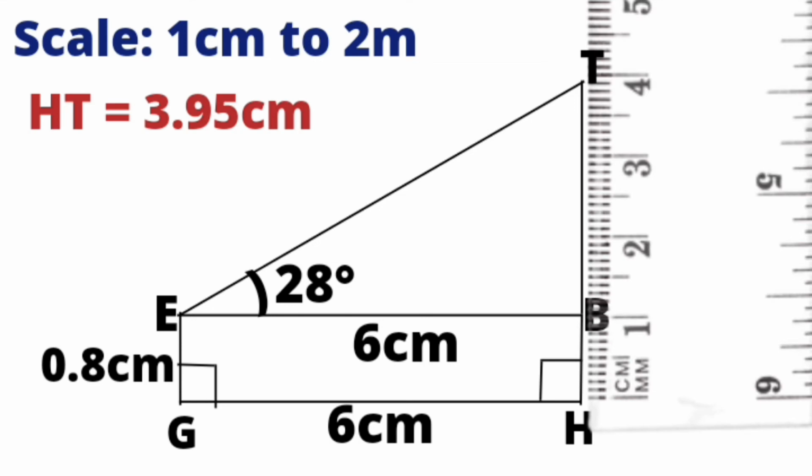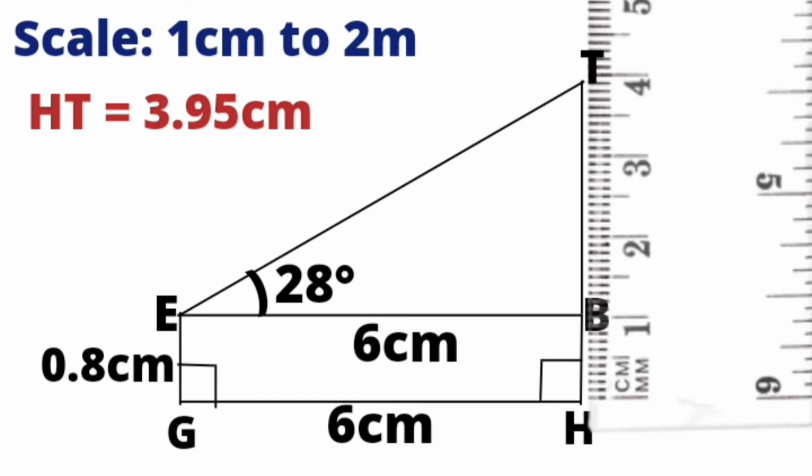But this is the height of the tree according to scale. So let's convert back to meters. To do so, it's simple. Multiply the value you have in cm by 2 meters, since we used a scale of 1 centimeter to 2 meters.